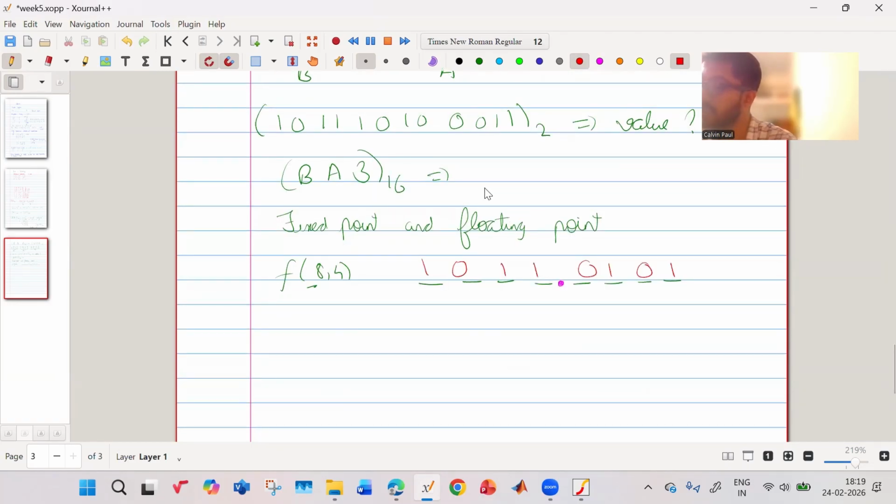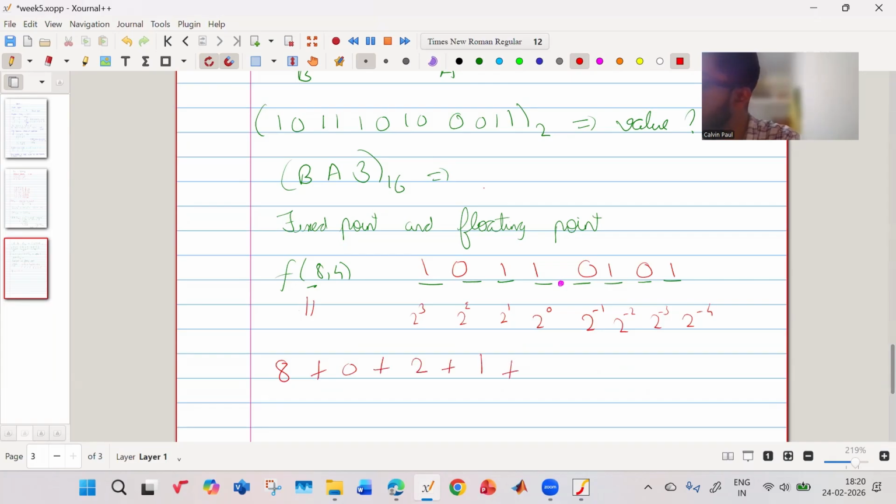What does this number mean actually? What is the significance of this number? The bits to the left of the point are 2 raised to 0, 2 raised to 1, 2 raised to 2, 2 raised to 3. The bits to the right are 2 raised to minus 1, 2 raised to minus 2, 2 raised to minus 3, 2 raised to minus 4. So this number is 8 plus 0 plus 2 plus 1, plus 0 for 2 raised to minus 1, 2 raised to minus 2 is 0.25, 2 raised to minus 3 is 0, and 2 raised to minus 4 is 0.0625.